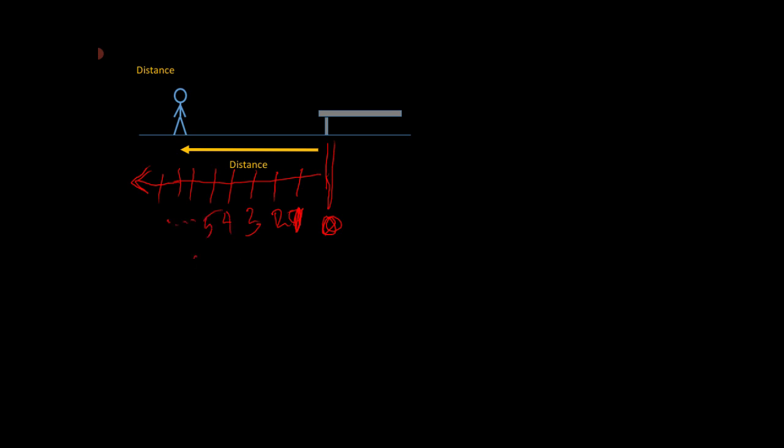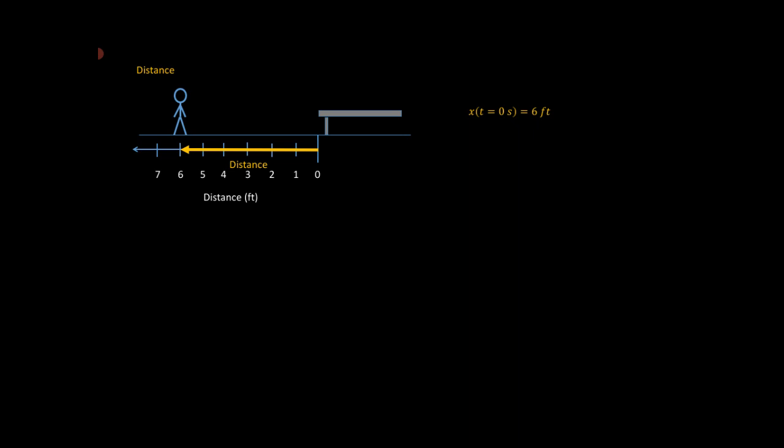So this is a distance in feet from the table. All right, so that's what you're going to measure. Right now you are at t equals 0, when you're starting this, you're 6 feet away.